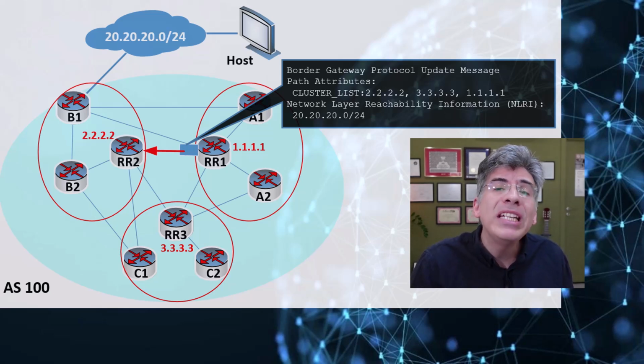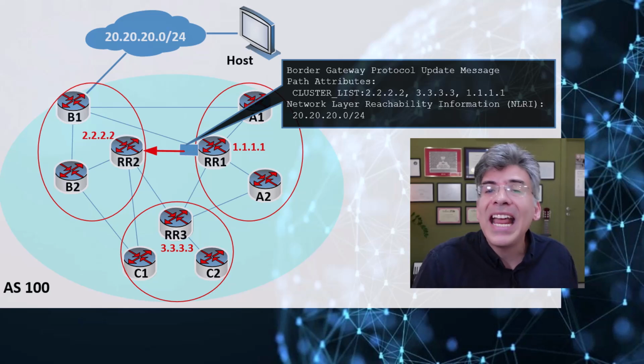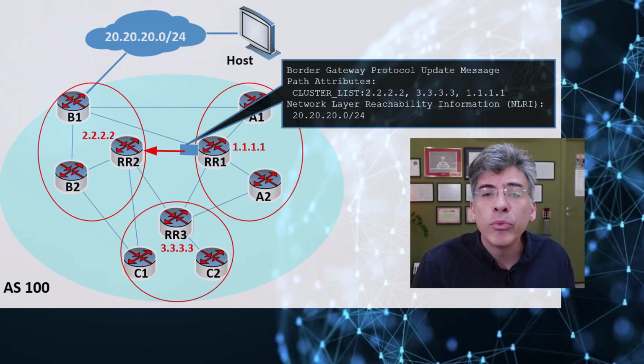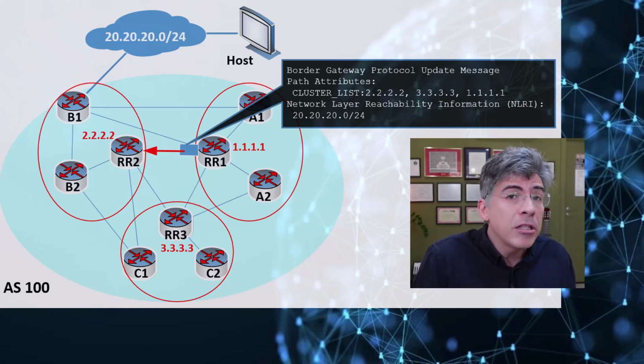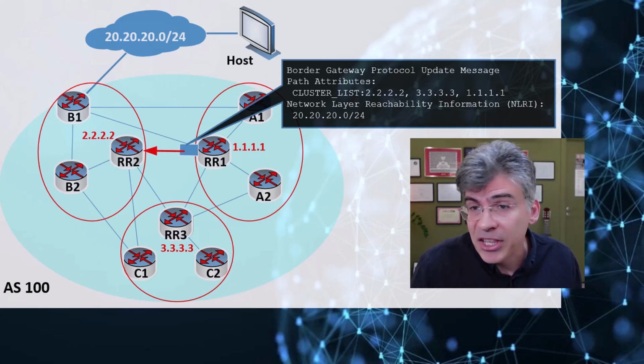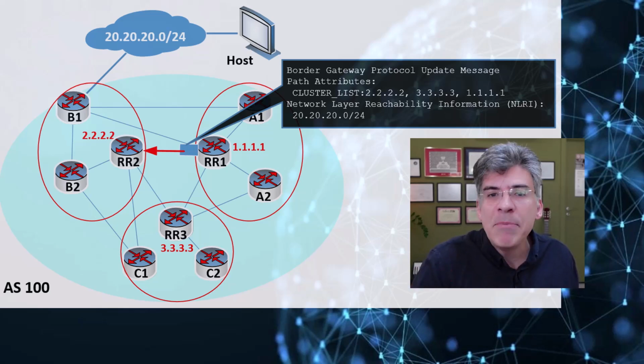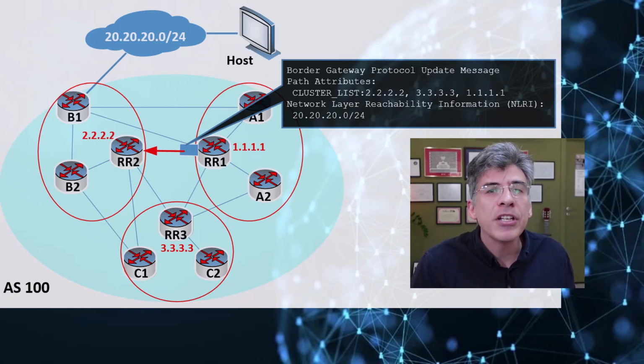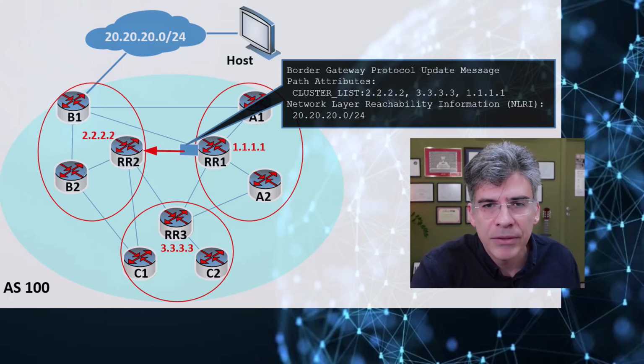However, you can redefine clusters such that a single cluster can contain multiple Route Reflectors. You can also have a single Route Reflector belong to multiple clusters as well. Now, this is where the design begins to become really funky and you really have to deeply understand the implications of all of these various permutations of configuration.